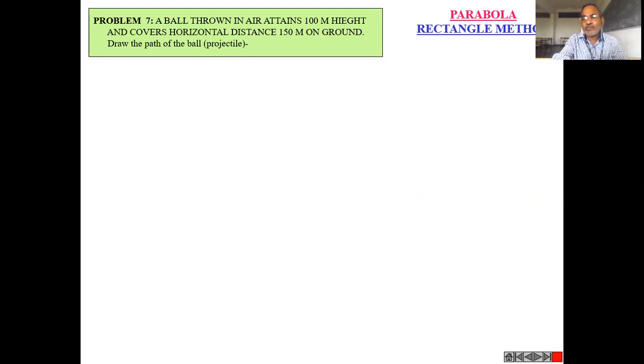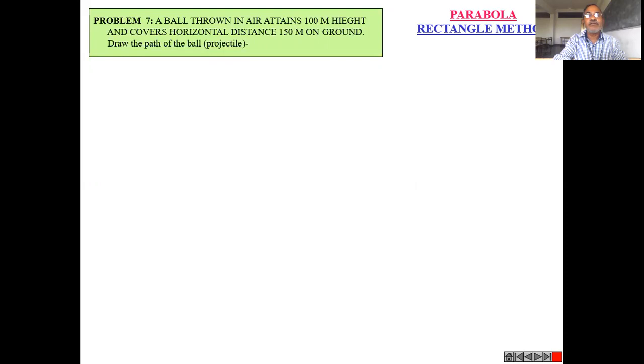A ball is thrown. Any ball or any object which is thrown at a certain angle, other than the vertical, other than 90 degrees to the ground, thrown at an angle, not 0 degrees, not 90 degrees, between them, any angle, because of the gravitational pull, it traverses a parabolic path.